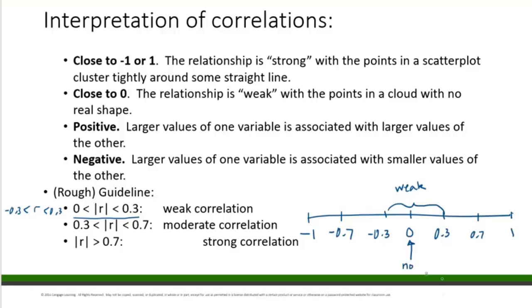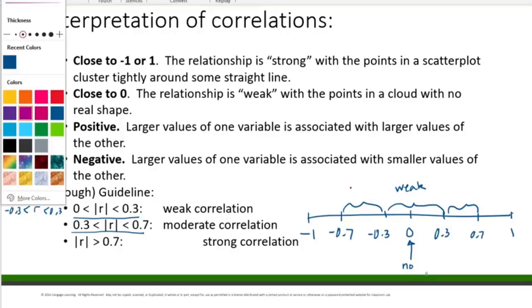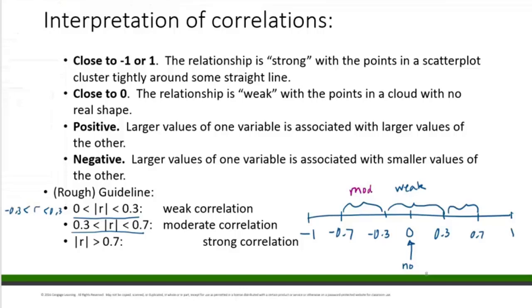Now if you are somewhere here or here, between 0.3 and 0.7, or between -0.3 and -0.7, that's what this means. For values between 0.3 and 0.7, we say there's a moderate correlation. So here we would say moderate relationship, and there's a moderate relationship.